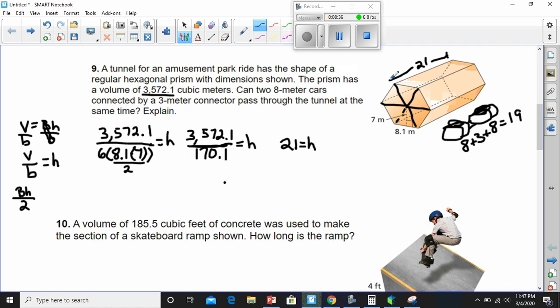All right? And now that we know that, and we realize that the 2 cars in the connector only need 19, we can say that yes, let's type this out.